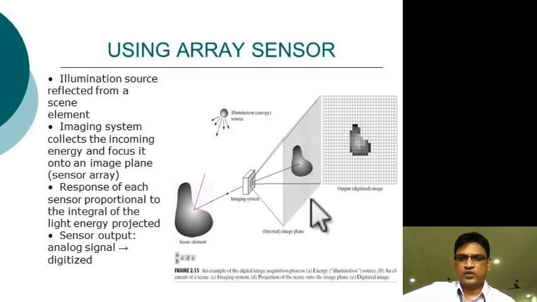These sensors will integrate that energy falling on the sensor surface and transform it into an electrical signal, which is proportional to the light energy projected on its surface. The sensor output is analog, and this analog output is transformed into digital output by using an A to D converter or sweep circuits, and this is the final two-dimensional digital image.